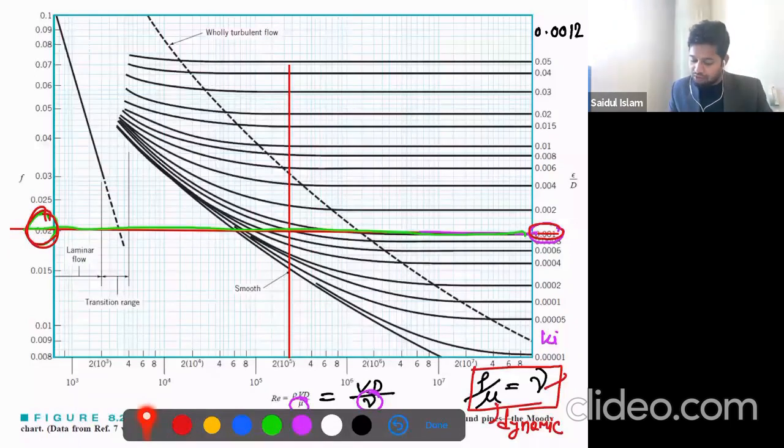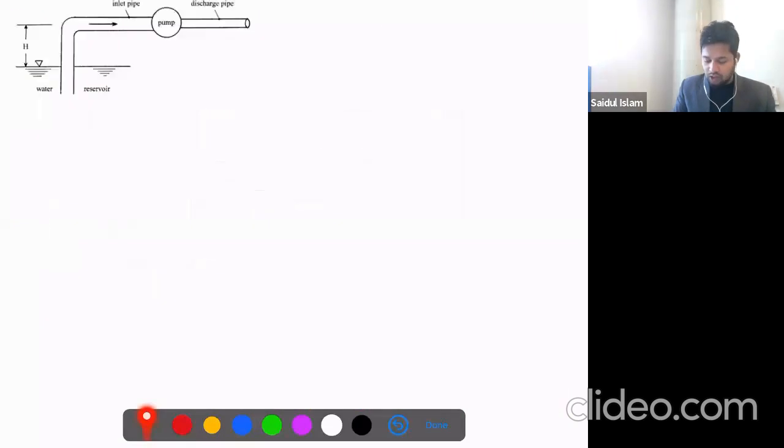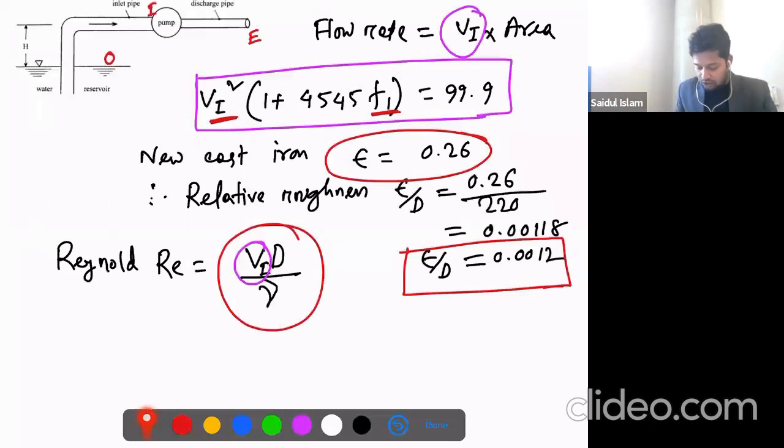So this is the closest value. We got 0.001, and we took the corresponding value, which is 0.02. So we said, okay, this is the F1. So we assume that F1 is equal to 0.02. Now I believe it is clear why F1 equals 0.02.